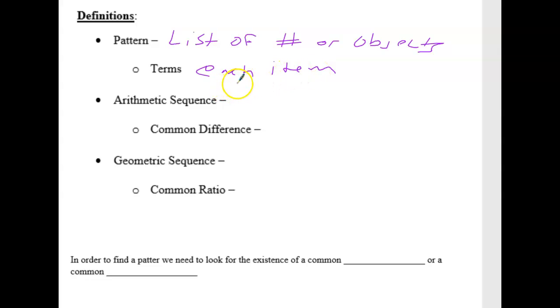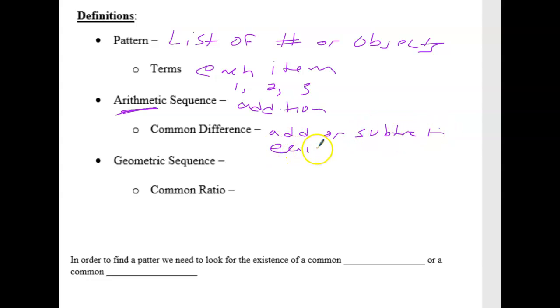So it's going to be the first term, the second term, the third term, and so on and so forth. We have two types that we're going to be looking at. An arithmetic sequence is going to be one that is created by addition, right? And our common difference is going to be the number that we add or subtract each time.